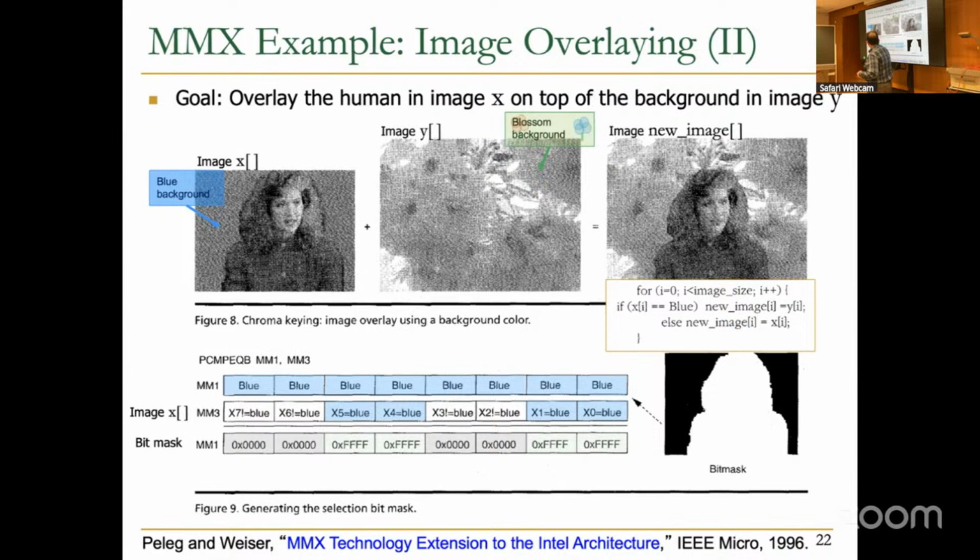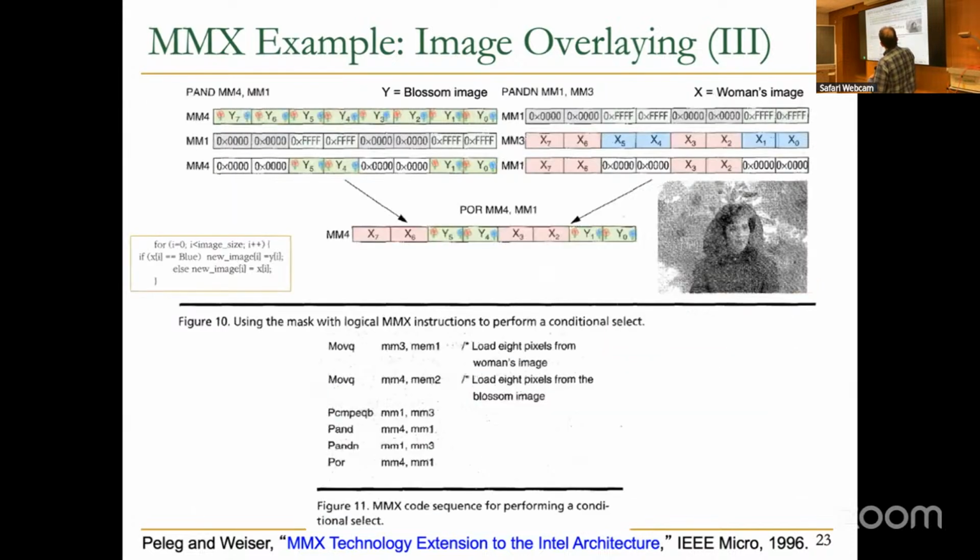And then another register, basically MM3, that you load with your image X data, and then you need to compare if it is equal to blue or not, and generate a mask based on that, right? And this mask we store in MM1 here. So doing that, you can then manipulate over this MM1.